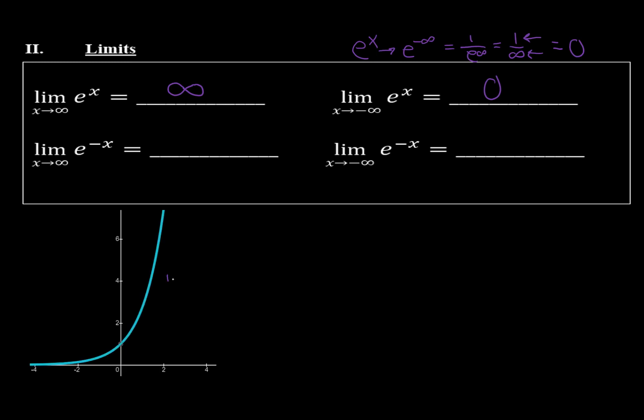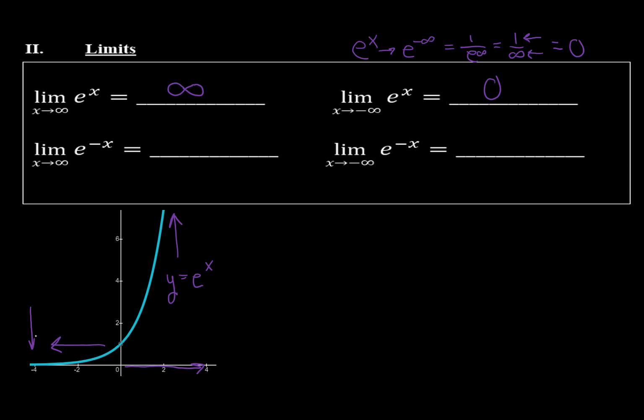Another way is you could look at the graph of y equals e to the x, and you can see as x is approaching infinity, e to the x is approaching infinity. And as x is approaching negative infinity, e to the x is approaching 0.